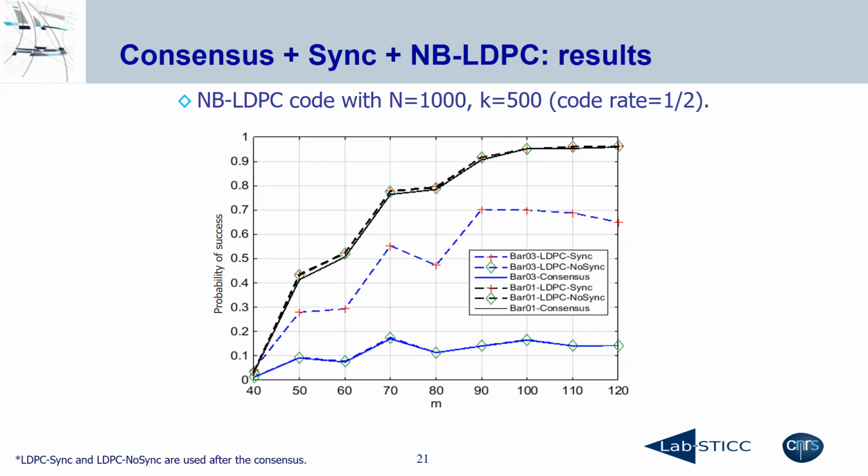We can see on this figure the probability of successfully reconstructing the sequence using the consensus alone, then the consensus with LDPC with and without synchronization. In the case of barcode 3, we can see that the synchronization improves the decoding results by up to 60% in some cases, but in the case of barcode 1, we can see that in 3 cases the results remain quite the same.